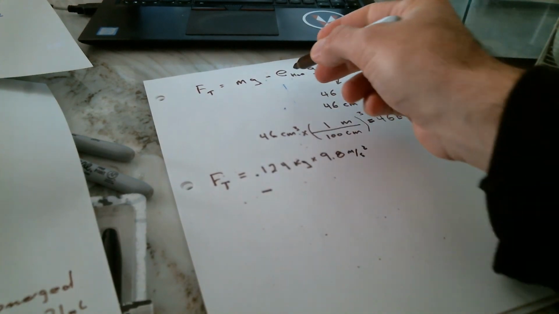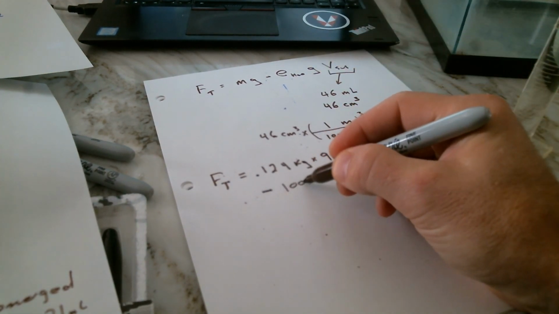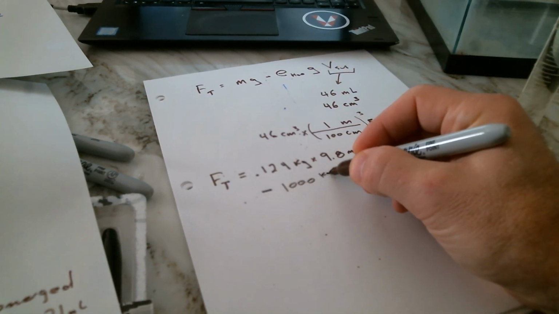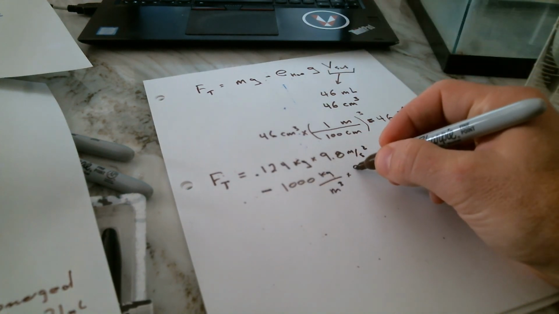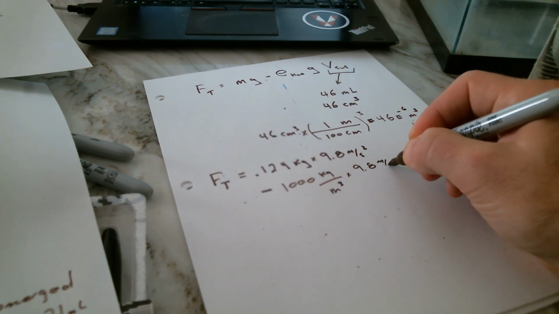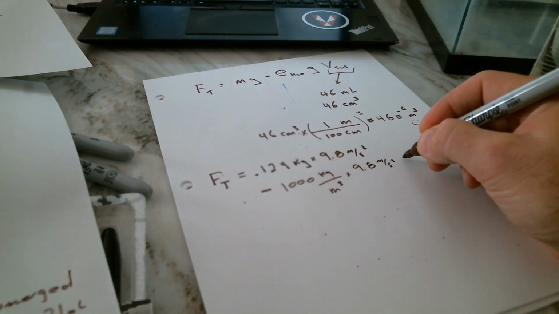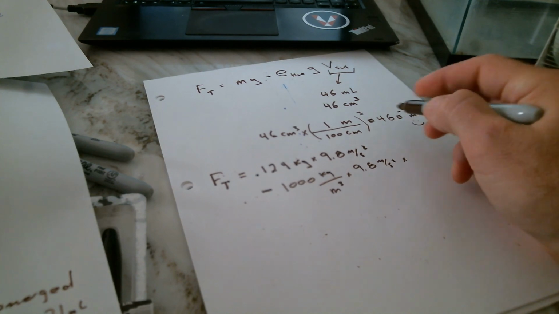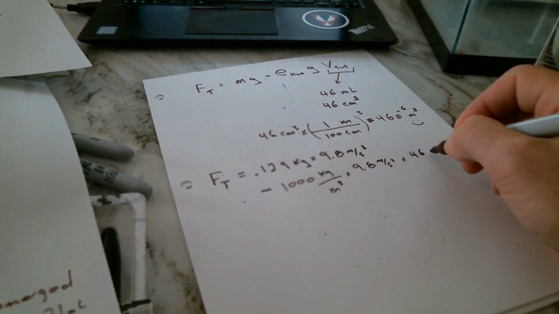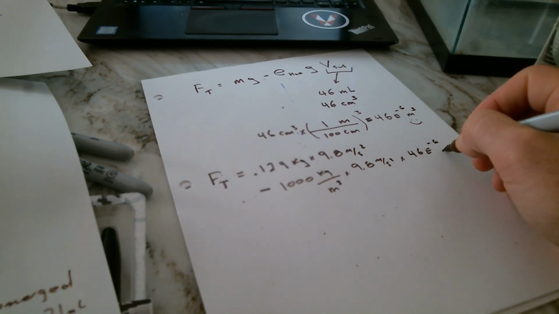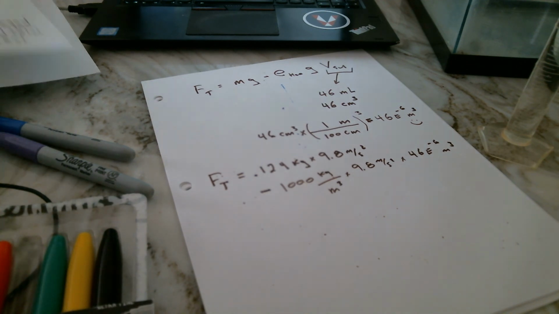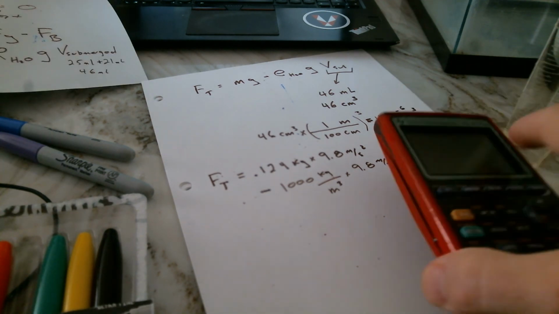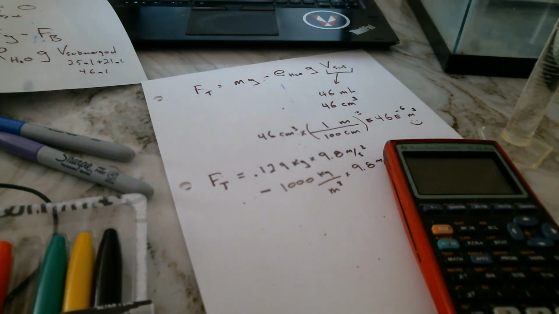From that, I'm going to subtract the density of water, 1,000 kilograms per cubic meter, times the same 9.8 meters per second squared. I'm going to multiply that again by the number we just obtained, 46 e negative 6 cubic meters.